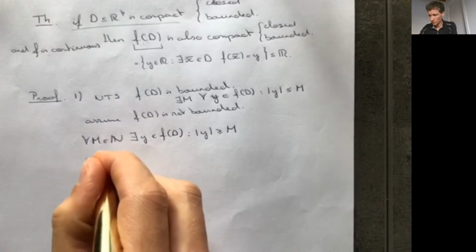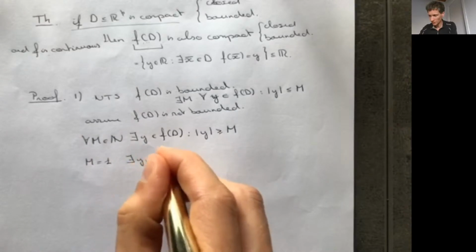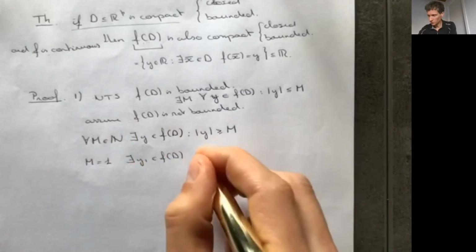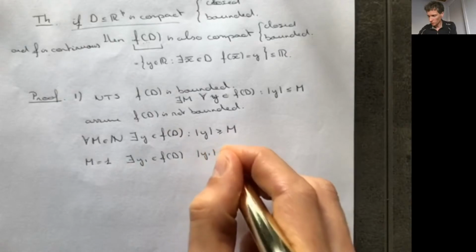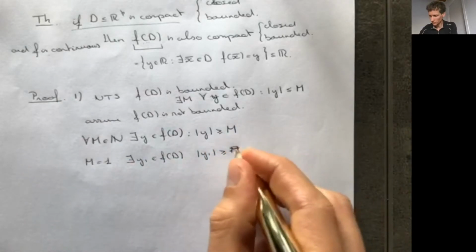So this holds for all numbers. In particular, it holds for the number 1, for the number 2, for the number 3, and so on. So we can set m equal to 1. Then we know that there's a y1 in f of D such that the absolute value of y1 is greater or equal to 1.